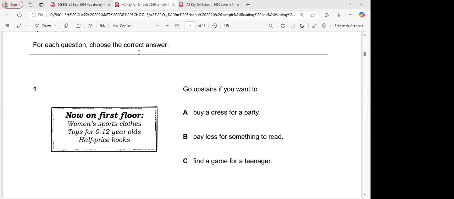Can everybody see my screen? I have already shared this paper in the group. If anybody can't see my screen, or you want to see the paper, you can open it from your device as well. Tell me, can you see my screen?